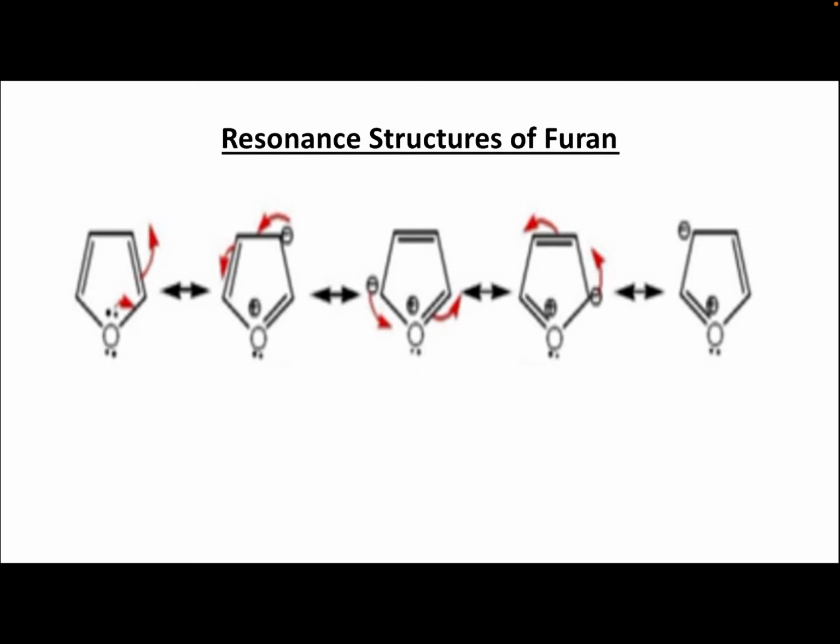And again in the third diagram you are seeing the negative charge is coming back and forming the bond between carbon and oxygen, and the bond between carbon and oxygen is shifting, and in the 2 position a negative charge is formed. And again in the fourth diagram the negative charge is shifting to the carbon bond, and another bond is shifting and a negative charge is formed in the 3 position.